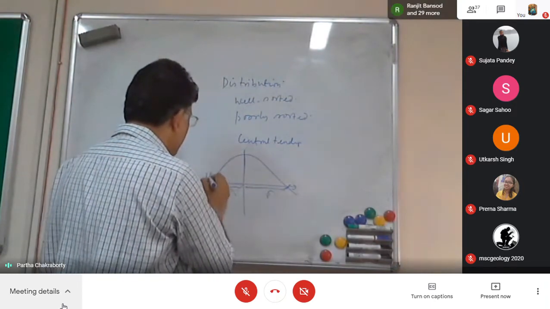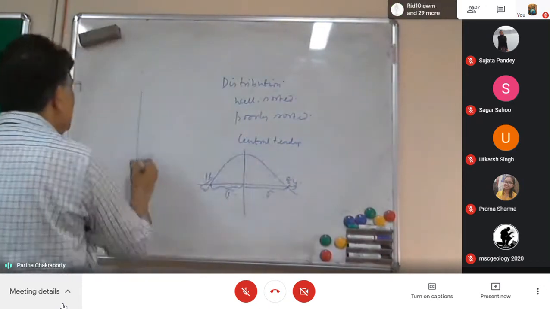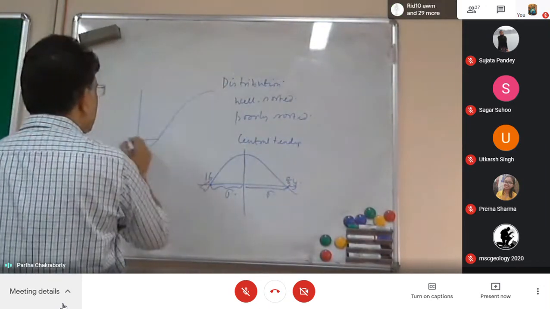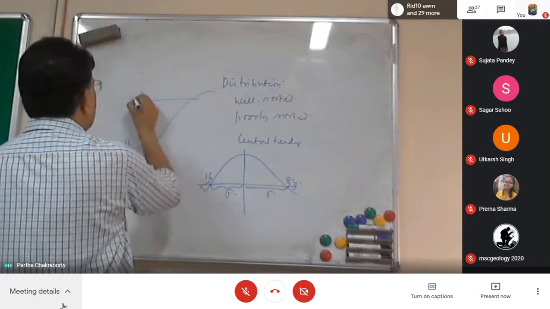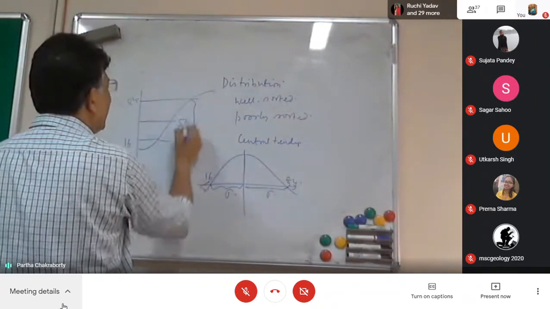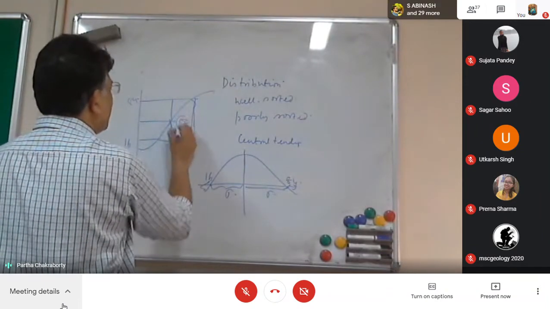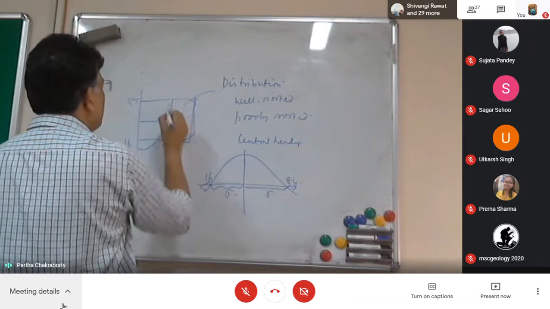If it is 16%, this is 84%. Then when you plot it in the cumulative curve, this will become 16, this will become 84, and this becomes the 50. So this entire range is a standard deviation with respect to the central tendency 50. Then you call it a sigma. This is a sigma.